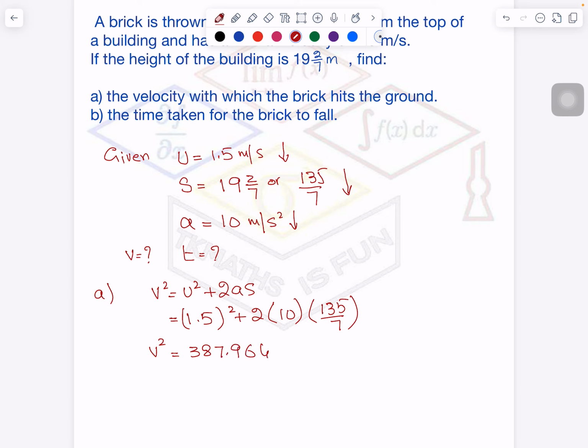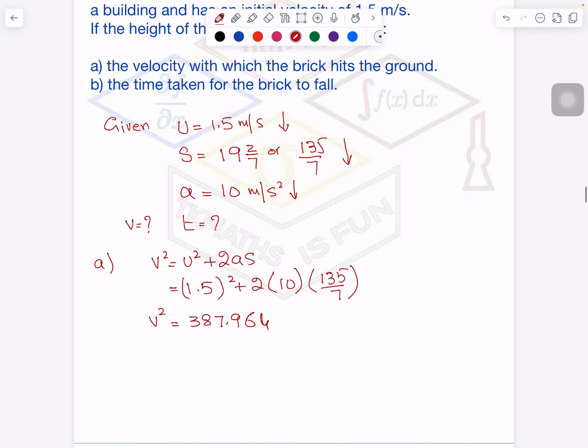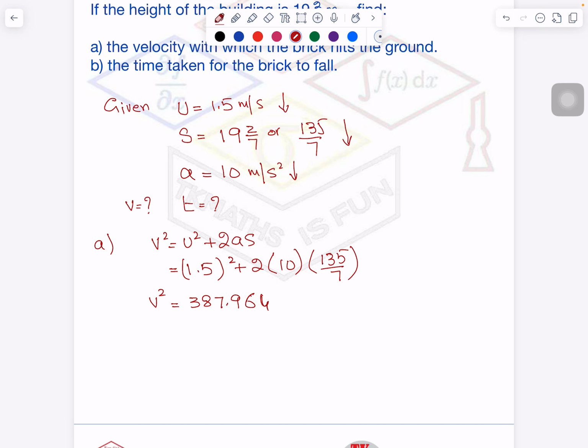By the way, for values which are not exact and are non-terminating, write down up to 4-5 decimal places, and after that round it off to 3 significant figures, which is the requirement of the paper. So v is 9.7 meters per second to 3 significant figures. So always highlight your final answer.